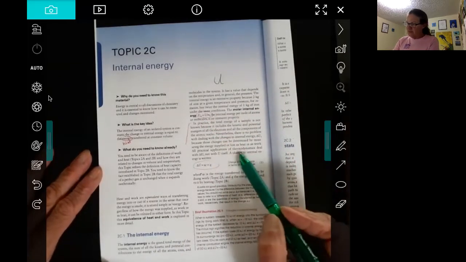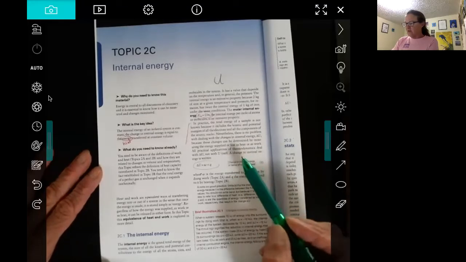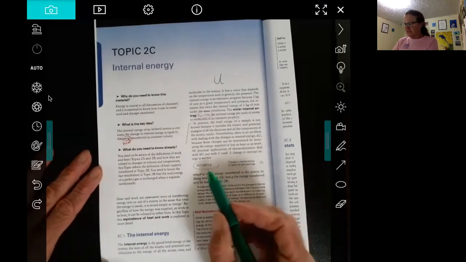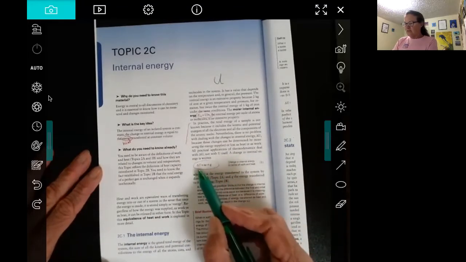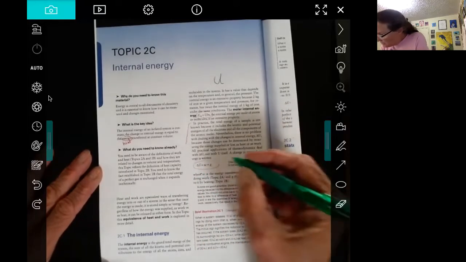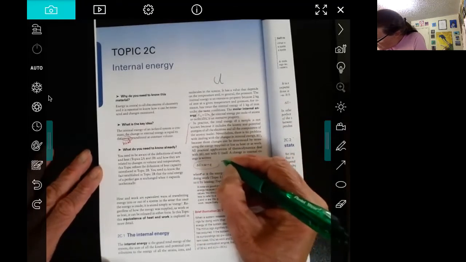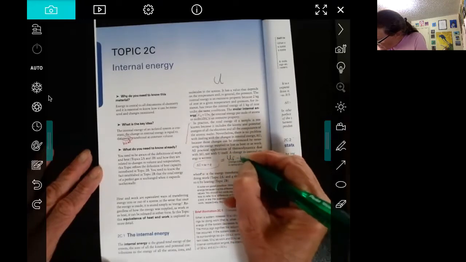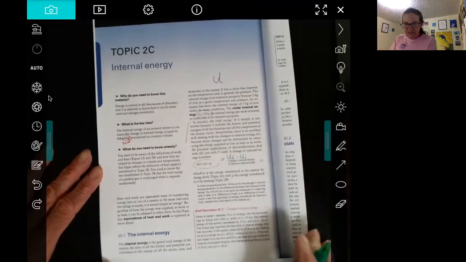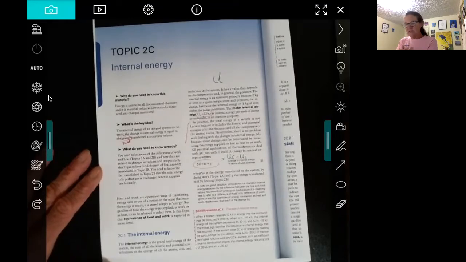And so because it's so hard to actually quantitate how much energy is contained, we can think about how energy changes. So the change in internal energy, which would be equal to the final internal energy minus the initial internal energy during some change, maybe a phase transition or a chemical reaction.